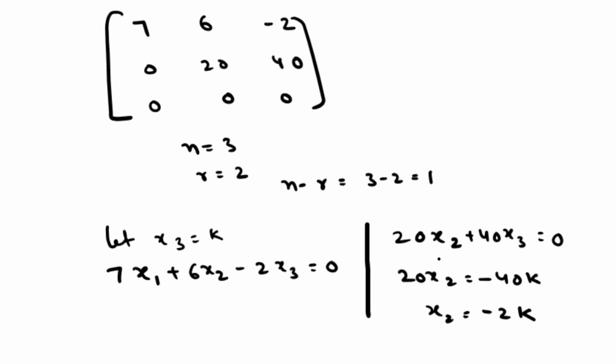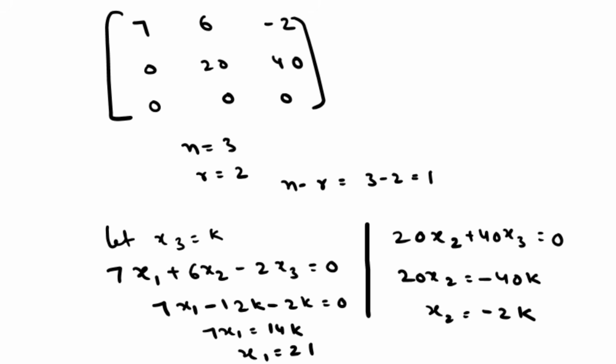Substituting x2 and x3 in the first equation, 7x1 minus 12k minus 2k equals 0. Therefore 7x1 equals 14k, x1 equals 2k.